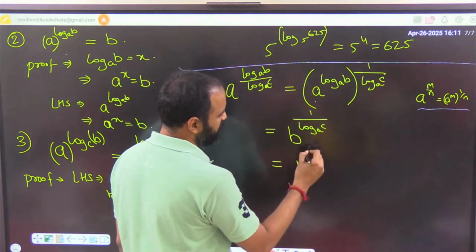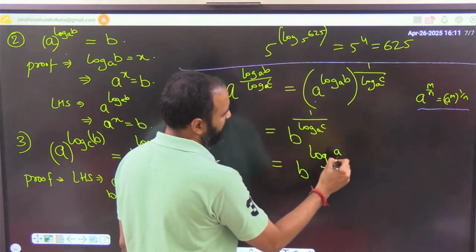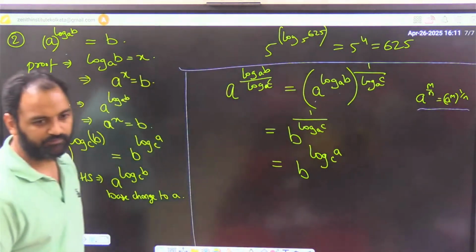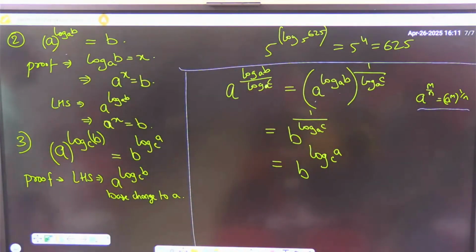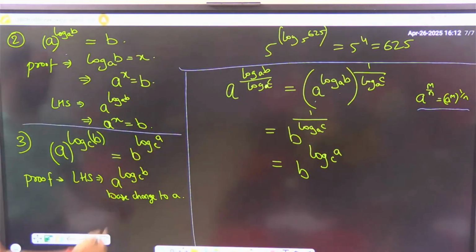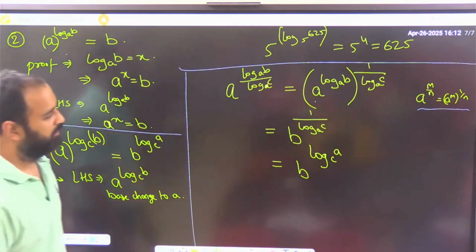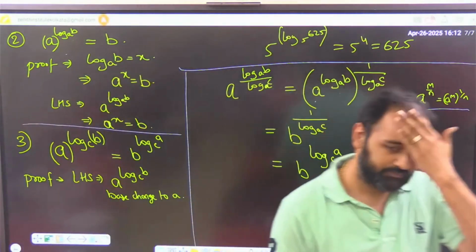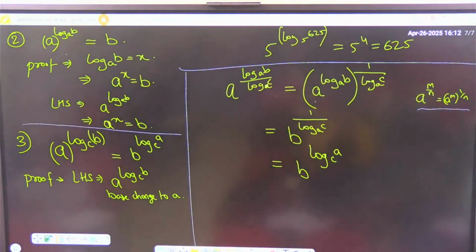So this becomes b to the power log of a to the base c, which is the right hand side. Is it okay with this part?